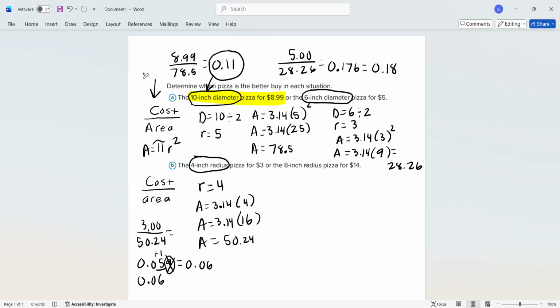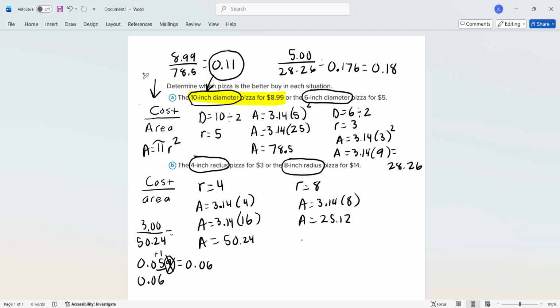So then I go to the other side, and I'm going to use my 8-inch radius from here. So I know R would equal 8. So in my problem, I'm just going to do pi, which is 3.14, times 8. So when I go to my calculator and I do 3.14 times 8, I end up getting an area of 25.12.